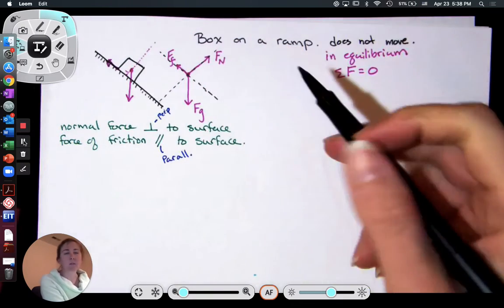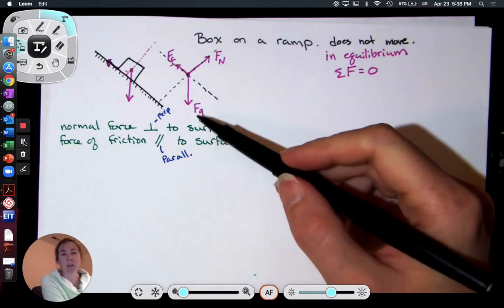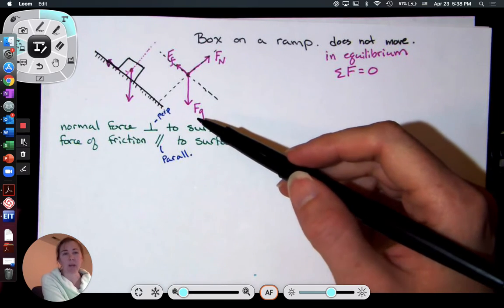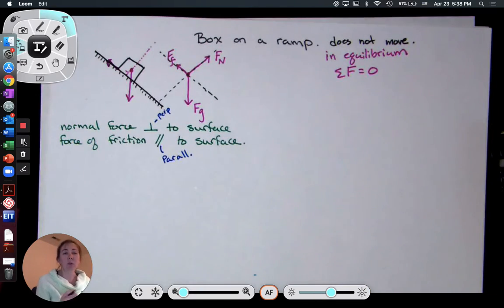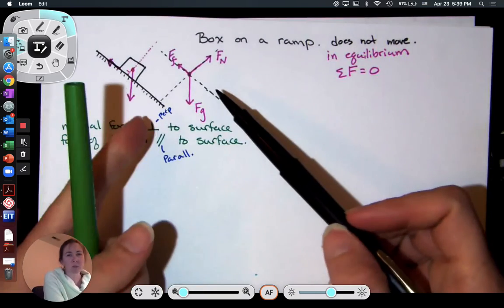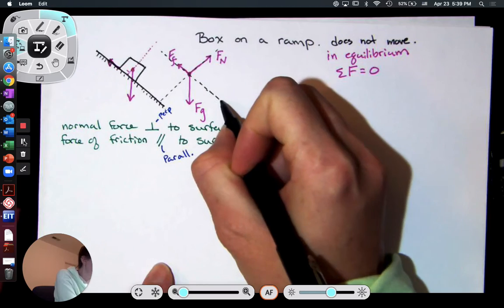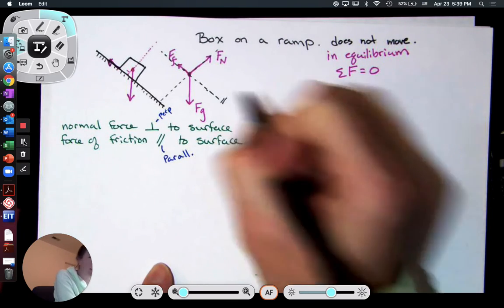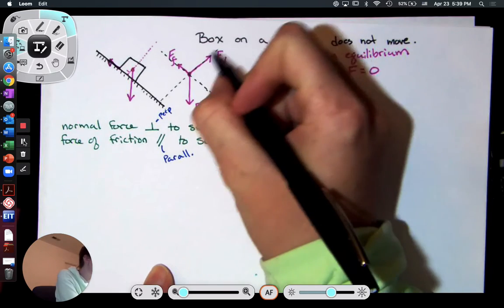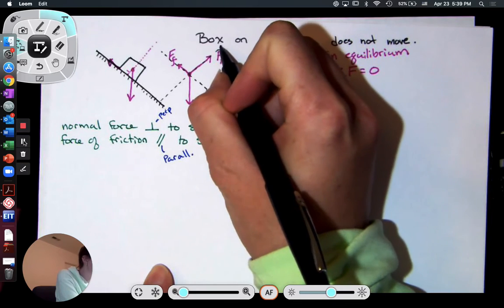So now I only have one force, the force of gravity, that is not along one of my axes. Now, you can continue to call these x and y, but that gets a little bit confusing, because which one is x and which one is y? So I'm going to call this axis the parallel axis, and this one the perpendicular axis.